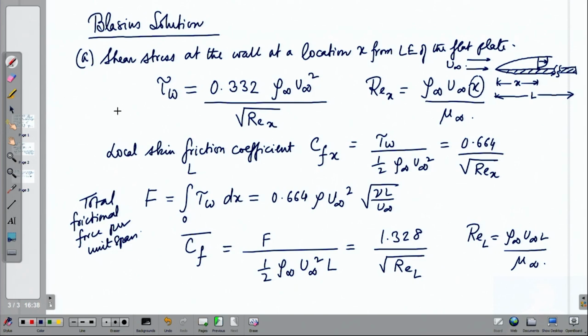So, where did we start from? We started from here. That was the one expression where a value was taken from the Blasius solution, and from that we could derive all these expressions.